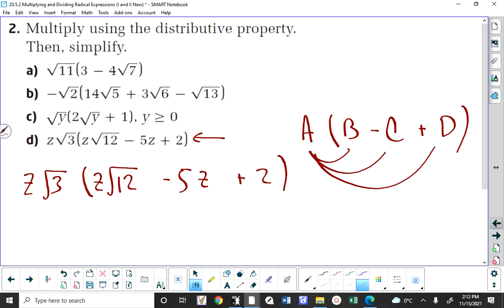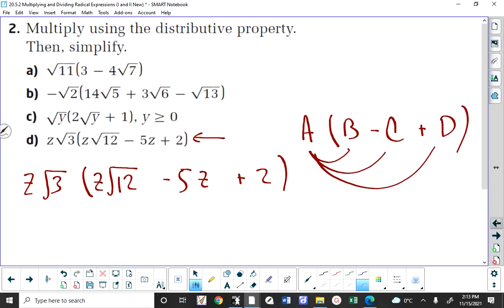Do you want to simplify the root 12 first? And in my mind, I wouldn't in this case, only because I can see when I multiply this out, I'm going to get root 3 times root 12, which is root 36, which is 6. So I'm not saying you would be wasting your time by simplifying root 12, but you're going to discover that it's quicker not to. Would you, when you tried this, did you do the root 12 first?